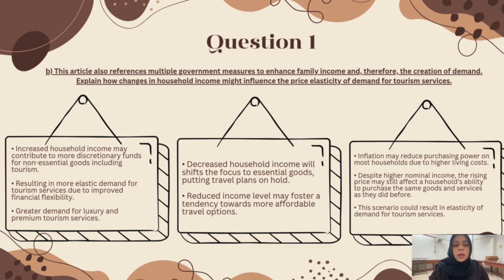For example, buying a new model of smartphone, even when their current one is still working completely fine. So this scenario results in a more elastic demand for tourism services due to their increased and improved level of income. Not only that, but there will be a greater demand for more luxury and premium tourism services.